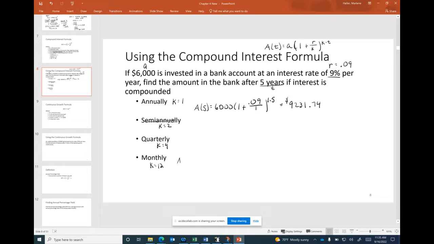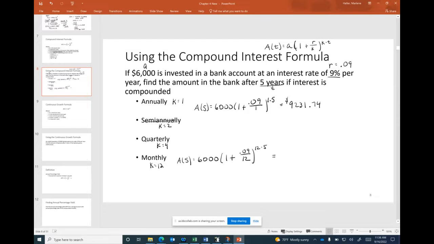So here we want to find A of 5 again with a different compounding period. Our initial amount was $6,000 times 1 plus, here this annual rate gets divided by 12, and we're going to raise this to the 12 times 5, or 60th power.